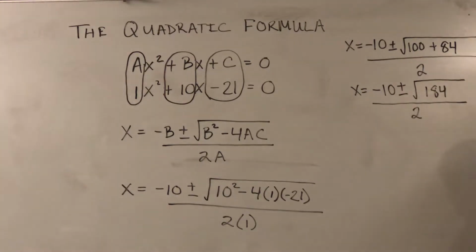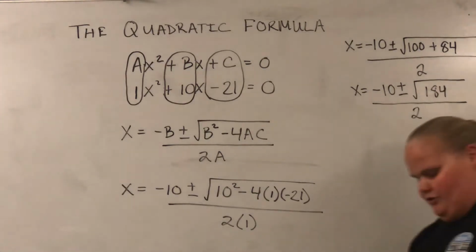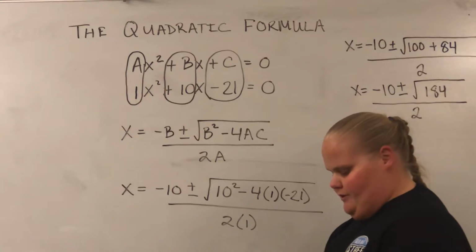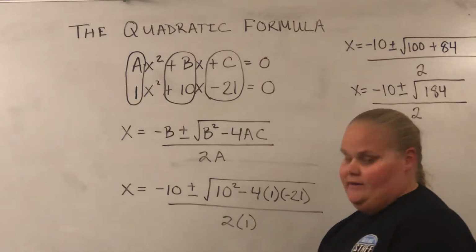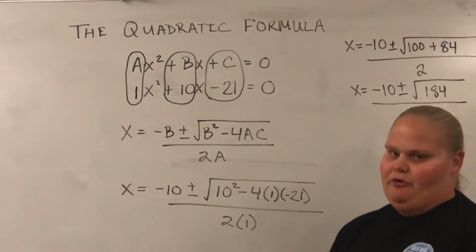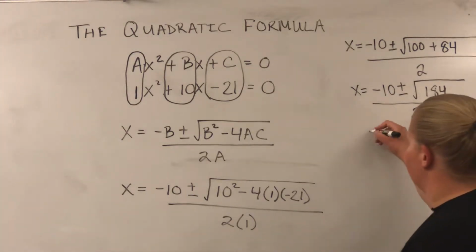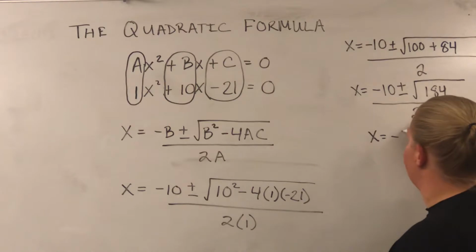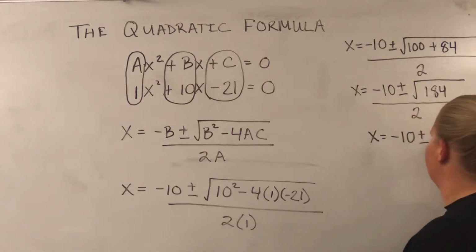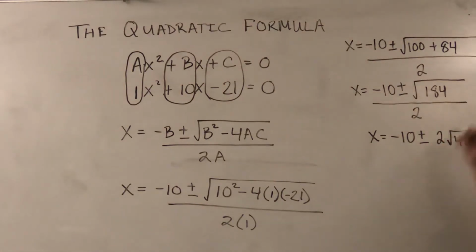Okay, so the square root of 184 is going to be 2 times the square root of 46. If you type that into your calculator, it will simplify to 2 square roots of 46. And we're going to leave it that way.